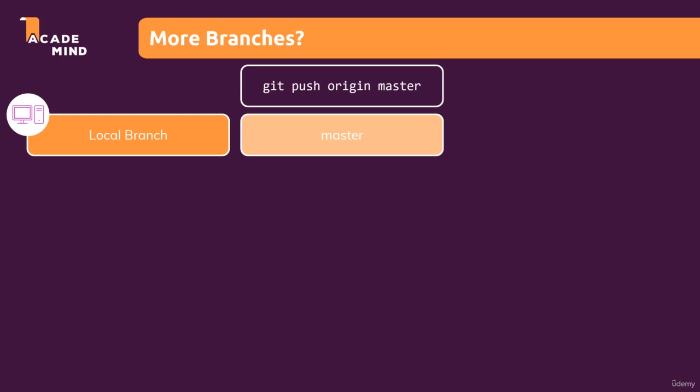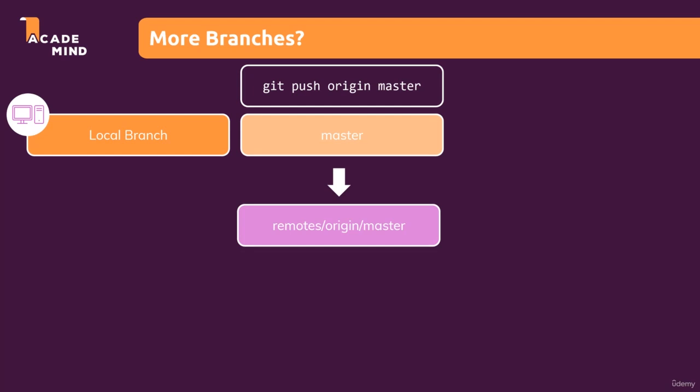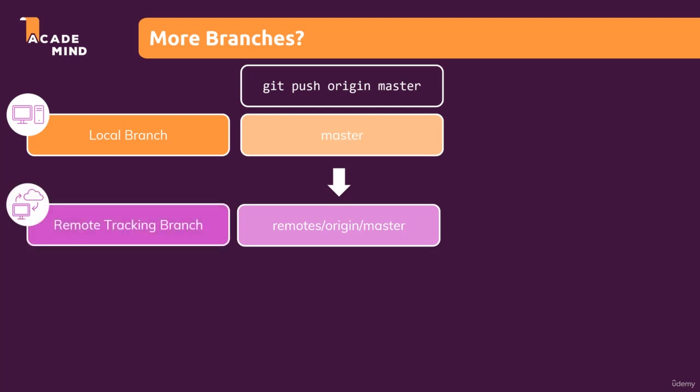So we said Git should push our local changes from this branch to the origin, so basically to our remote location of the repository, and specifically to the master branch. We didn't have this master branch, so it was created then, but this is what this command told us. Now, what then happened behind the scenes is, well, Git first created a so-called remote tracking branch.